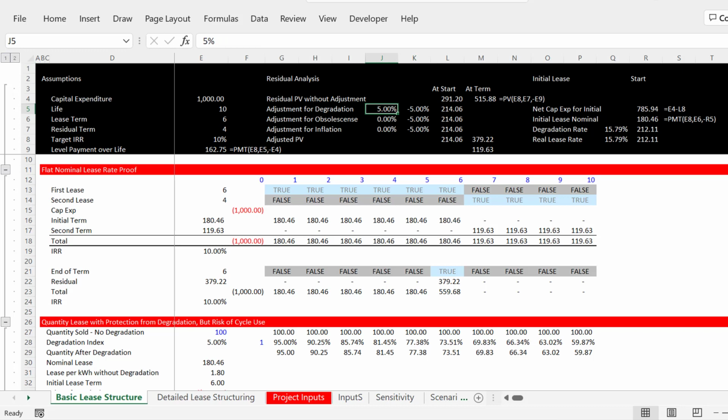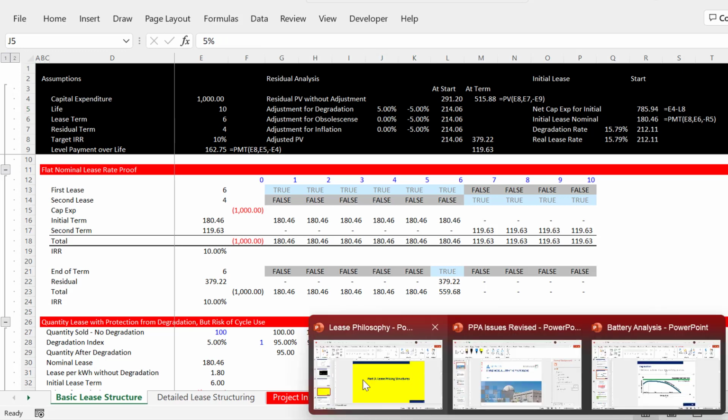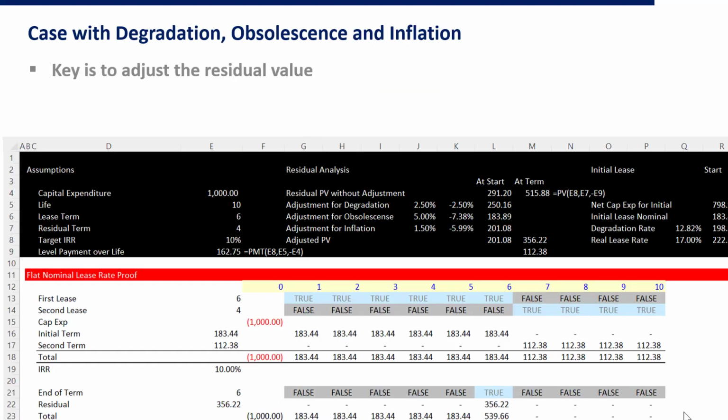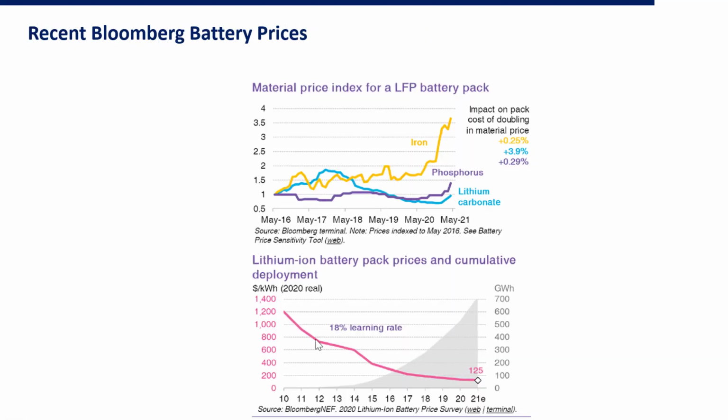Now, again, if other batteries are going to go down and you're going to have this learning rate, this is what Bloomberg calls it because they love this stuff, and they said there's an 18% learning rate. That means, if that's an annual rate, which is enormous, I don't think it's an annual rate, but okay.